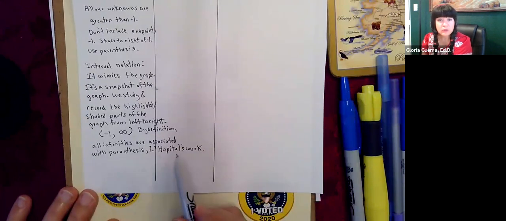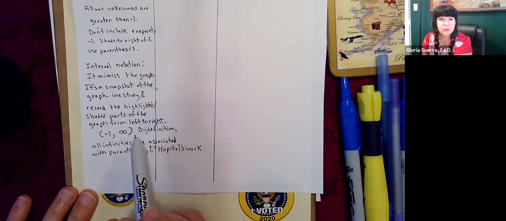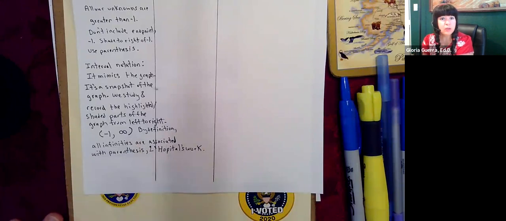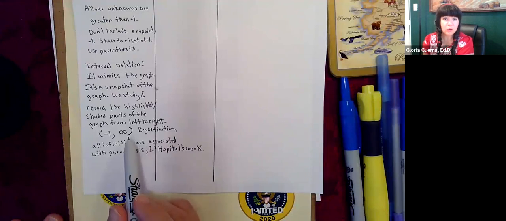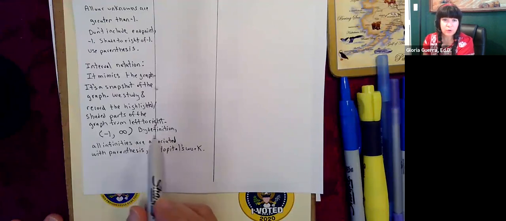And so because of his work, that's kind of the reason why, by definition, all infinities are associated with parentheses. A bracket wouldn't be appropriate because a bracket means you actually include that endpoint. And the thing with the parentheses is someone can always take it farther out.